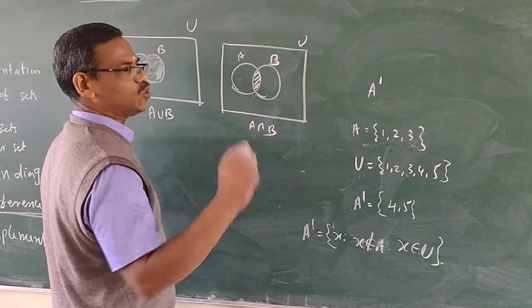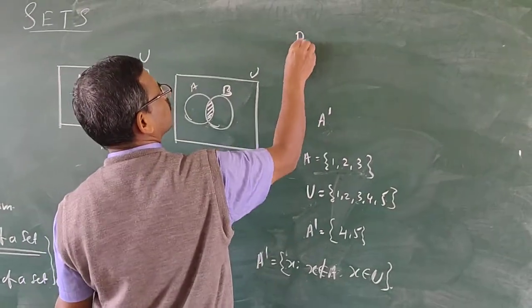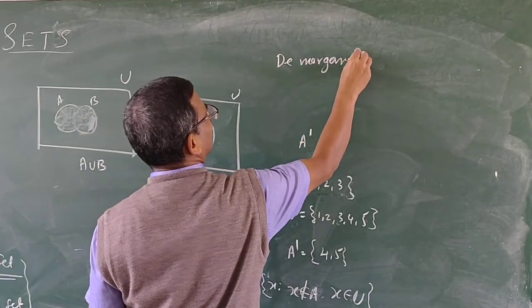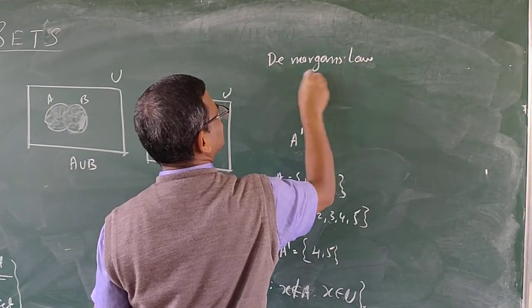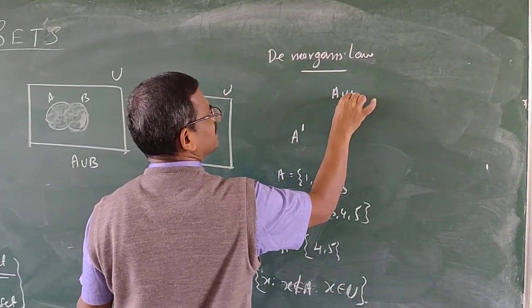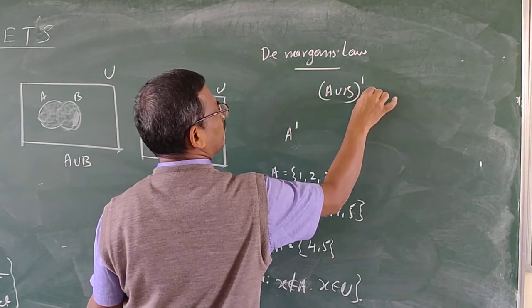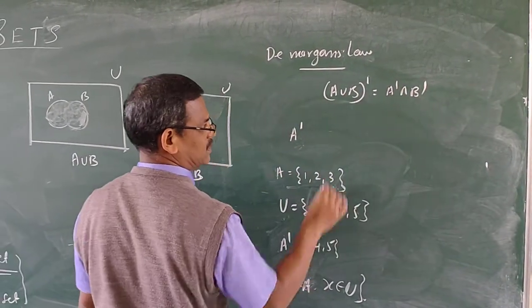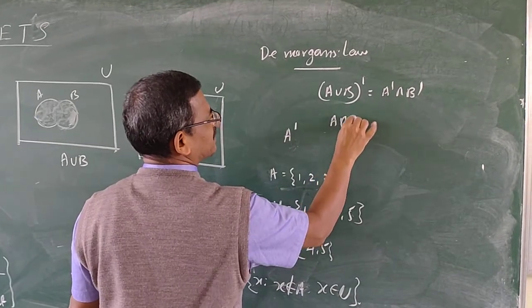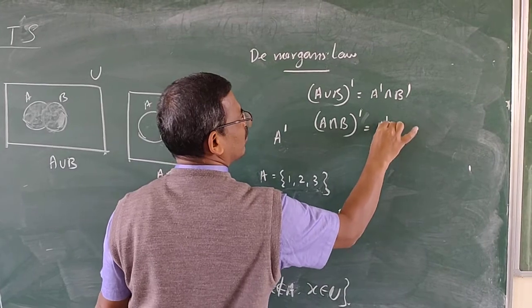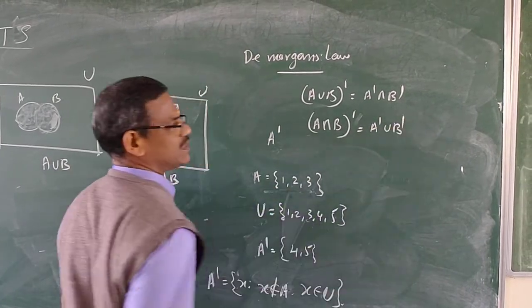And there are two important De Morgan's laws. These are also required in the later classes. That is why I told you to learn the complement a little bit. A union B whole complement is equal to A complement intersection B complement. A intersection B whole complement is equal to A complement union B complement.